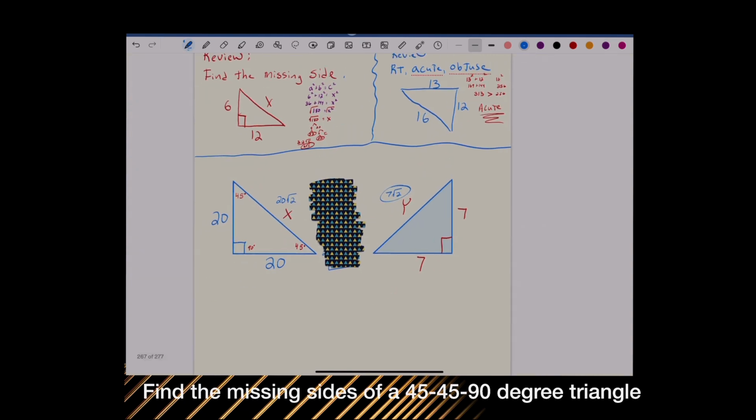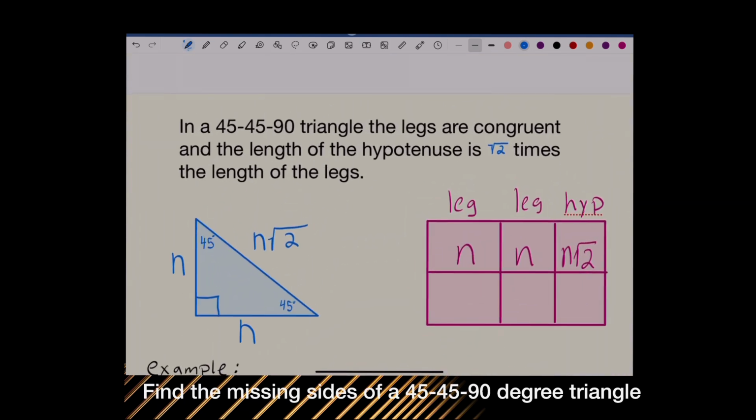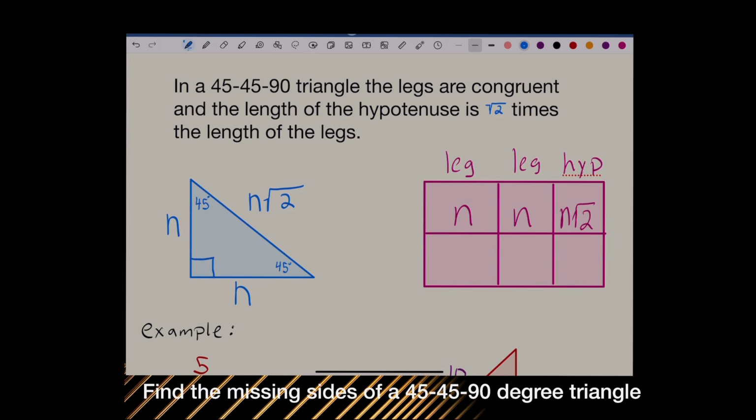Okay, our rule says this. In a 45, 45, 90 triangle, the legs are congruent, because they have to be, because they're opposite angles that are congruent. And the length of the hypotenuse is the square root of 2 times the length of the legs. And that's always going to be the case.